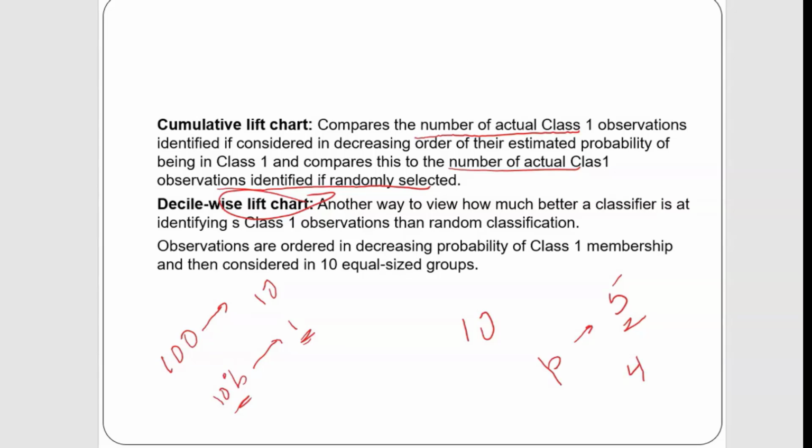Randomness would say out of those next 10, only 1 would be class 1. So now our model is doing 4 times as good as nature would in this second batch of 10 people. So the lift chart is essentially looking at the percentage of correctly identified as a percent of what nature would say. So we're looking at a multiple of how many do we correctly identify versus what the randomness is saying.